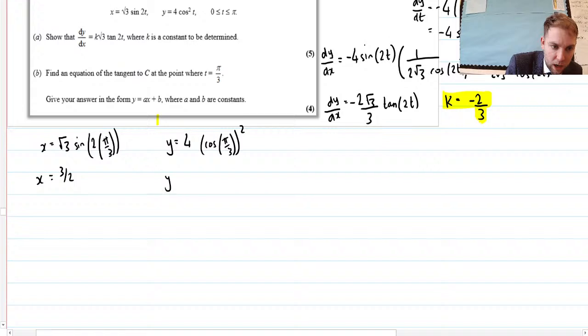Let's work out what y is. So 4 times cos of shift pi over 3, close that bracket, all squared, is equal to 1. That's quite nice as well. We're going to also need dy by dx, aren't we? Or the gradient of the tangent.